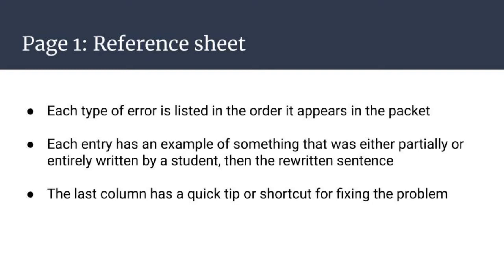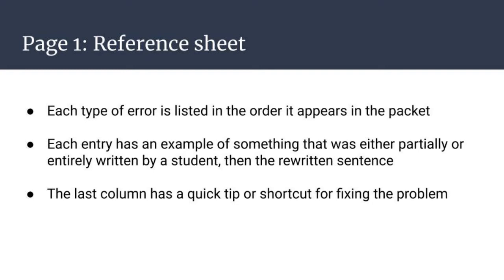The first full page of content has the reference sheet. So this sheet contains each type of error listed in the order it appears in the packet. Each entry has an example of something that was either partially or entirely written by a student, and then after it, the rewritten sentence that either I changed it to or what I would have changed it to.